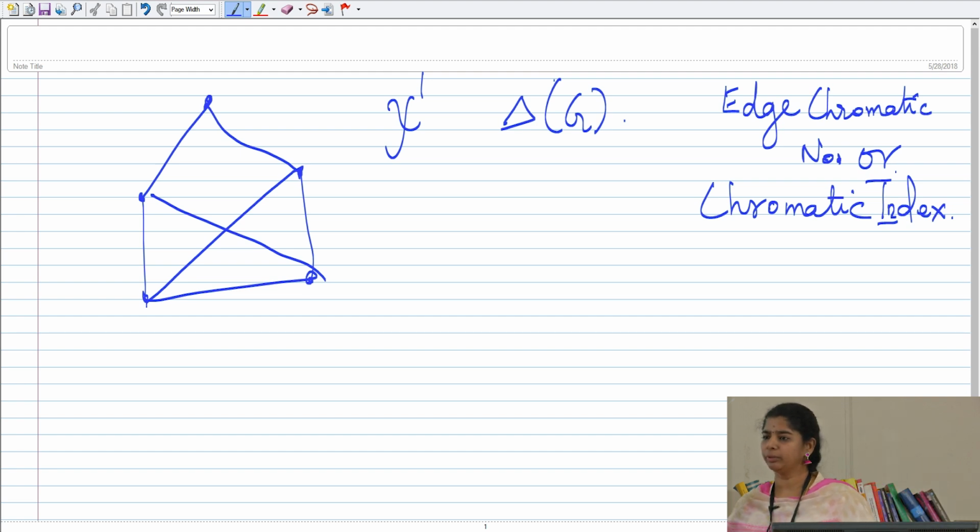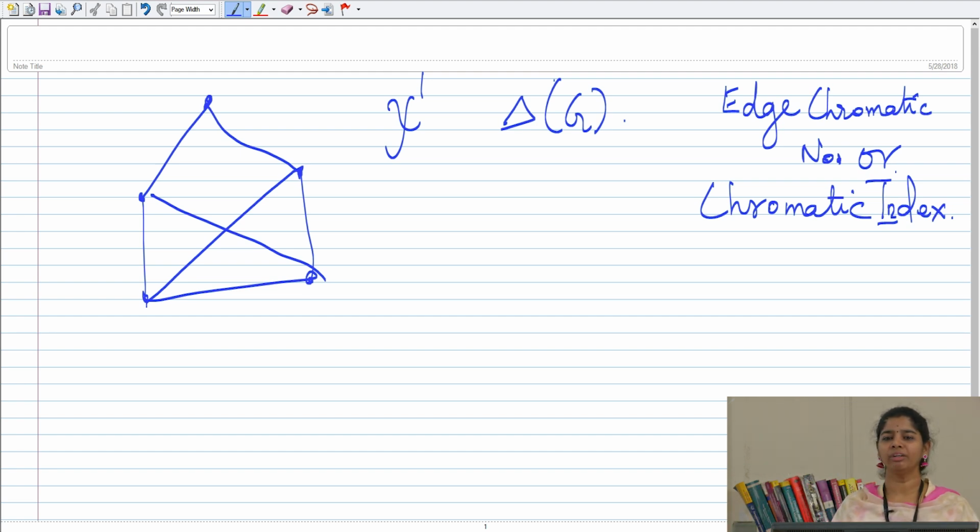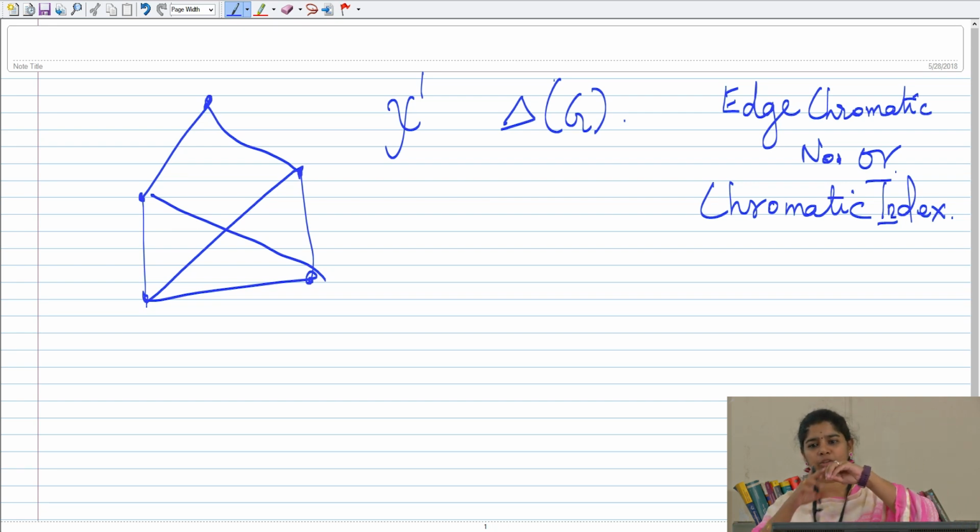How many colors do we require here? 4. He has given max degree. What is the max degree? 3. Then anybody else? Any other answer? So one is we require at least delta colors because every vertex is incident on delta edges. So at least that many we have to look into, right.